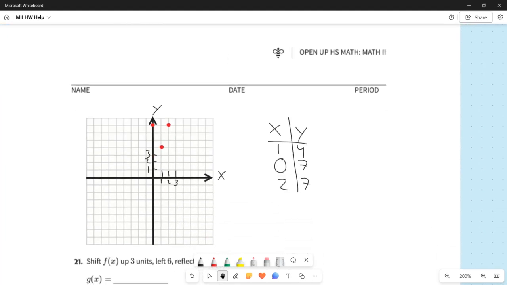But because of the symmetry that's inherent to parabolas, we already know that point's there. Any other integer points are going to be off of our graph. So let's go ahead and wrap this up. And that is the graph of this parabola after it has been transformed from the parent function.